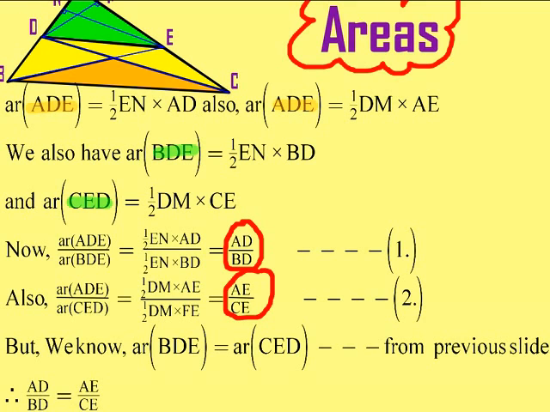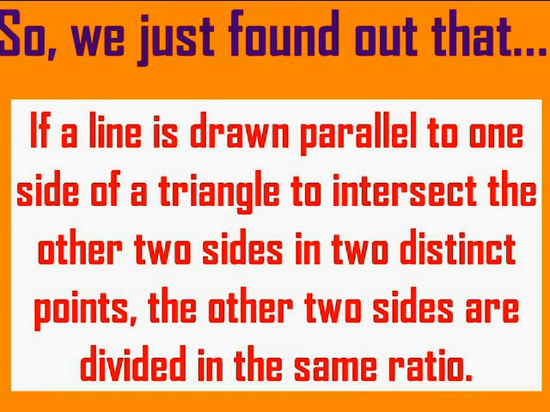We just proved the Thales theorem. If a line is drawn parallel to one side of a triangle to intersect the other two sides in two distinct points, the other two sides are divided in the same ratio. Thank you.